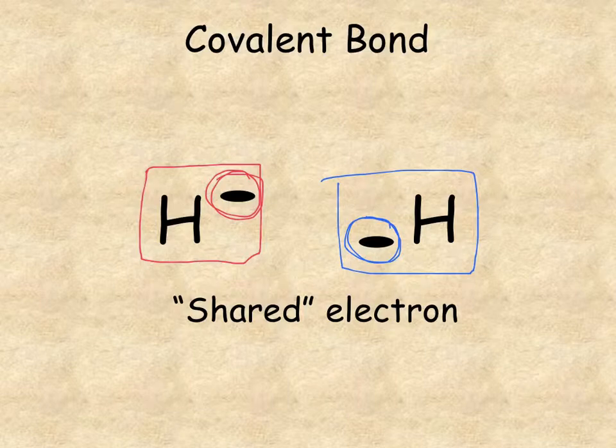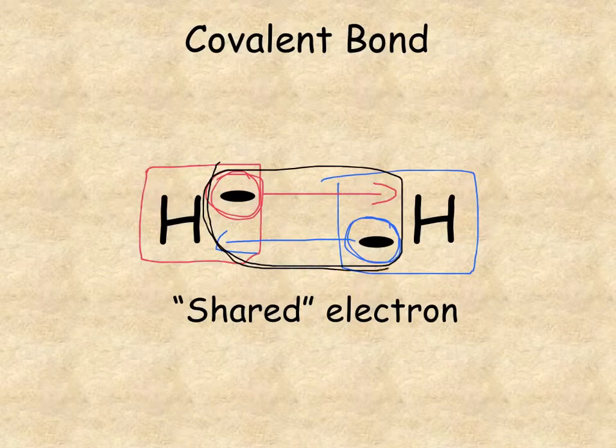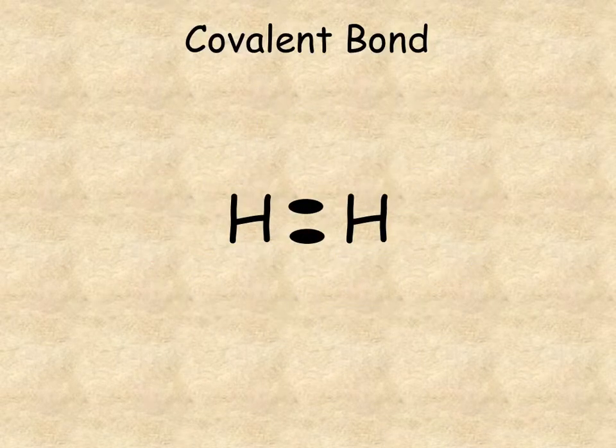So this electron is going to be shared over here with this hydrogen atom. And this electron here is going to be shared with this hydrogen atom. And then our final bond is going to be the sharing of these two. So those are the two electrons that are going to be shared, and we would represent that by H, solid line H. And here is just a more elegant way of drawing that.